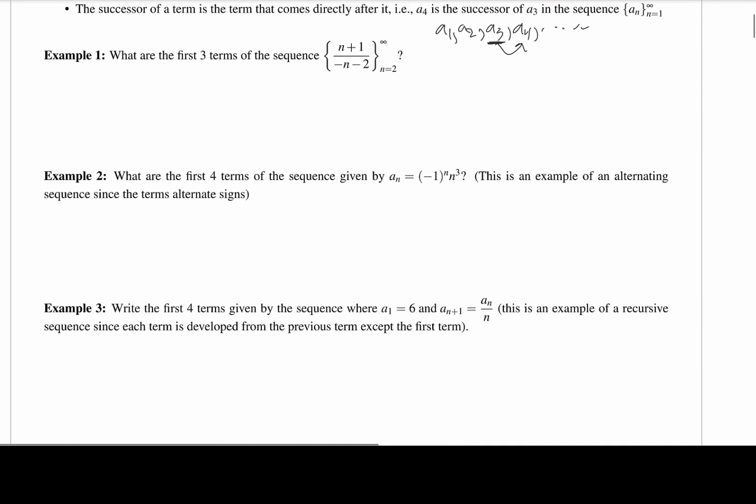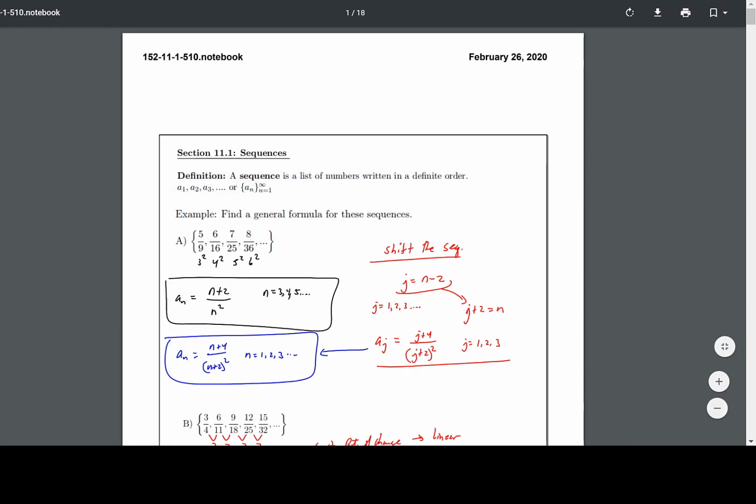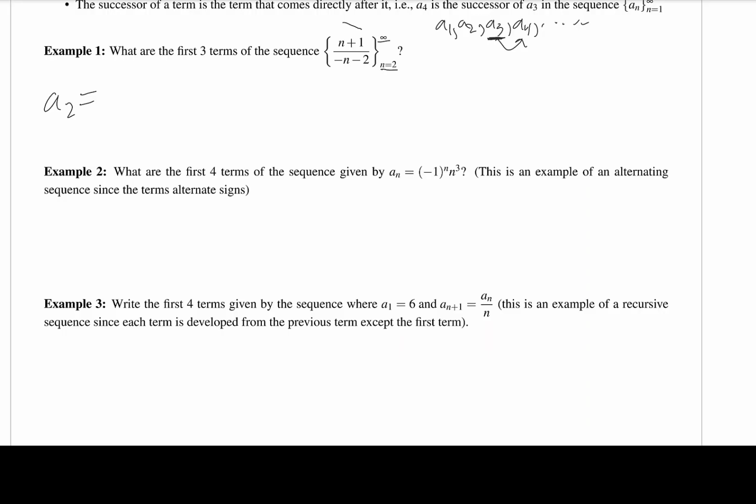So let's look at example 1. We want to find the first three terms of this sequence. And we're told that we start off with n equals 2. So I'll find A2. The way I find that is I take this formula right here, and I just plug in n equals 2.